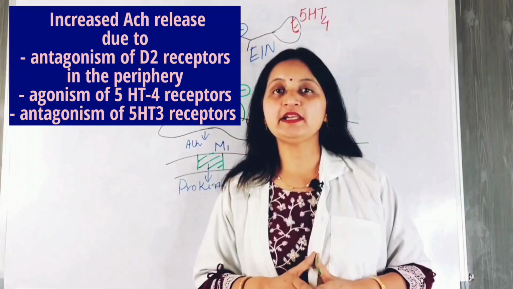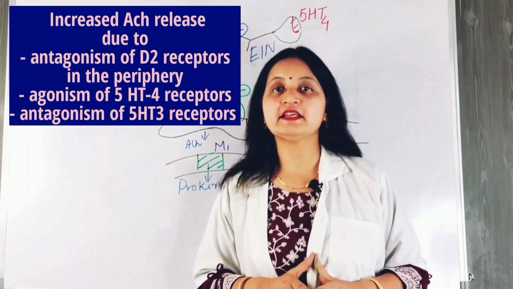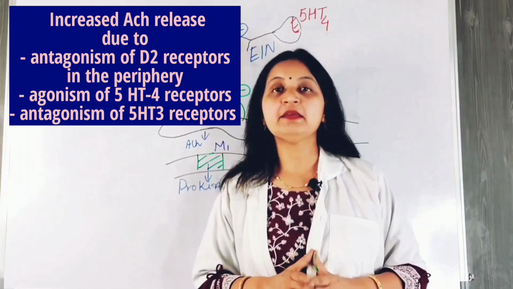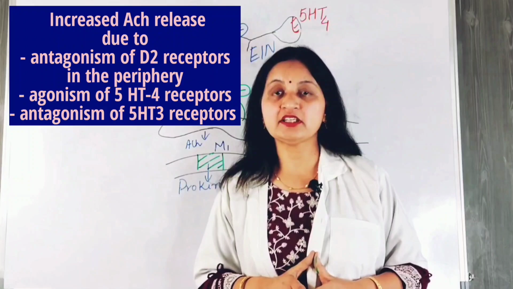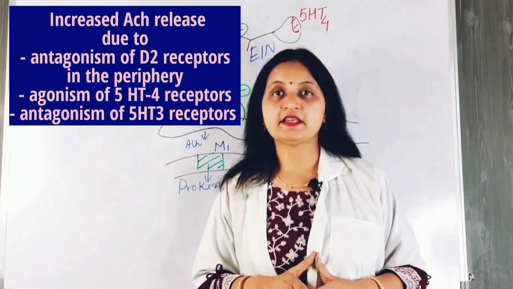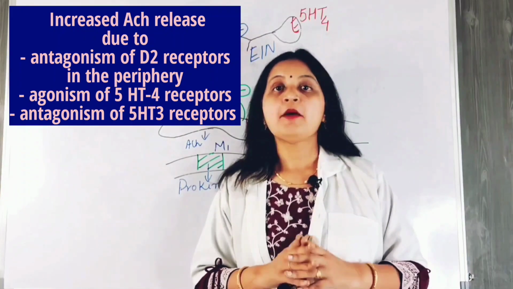Secondly, by stimulating the 5-HT4 receptors, acetylcholine release increases and this increases the gastric motility. Thirdly, by antagonizing 5-HT3 receptors, the acetylcholine release is increased and this enhances the gastric motility.